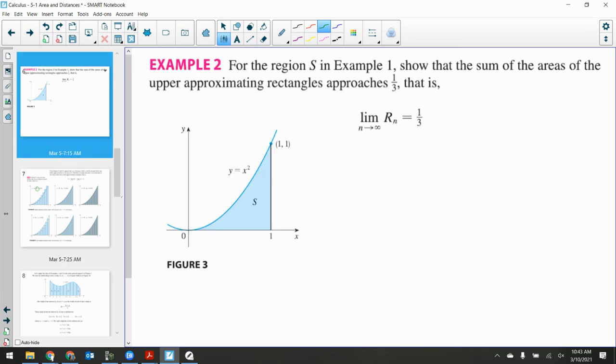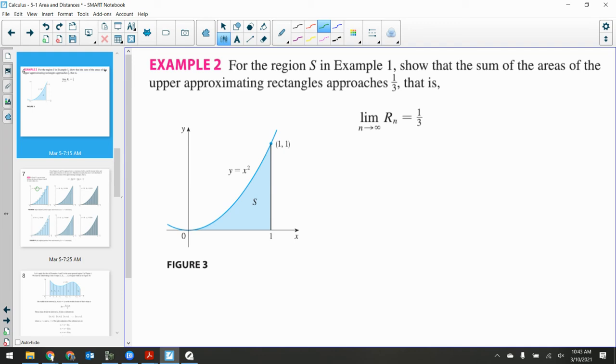Now, for the region S in example 1, show that the sum of the areas of upper approximating rectangles approaches 1/3. So I'm going to algebraically prove that the limit is actually 1/3. All right. Now, I was using 1/4, right?